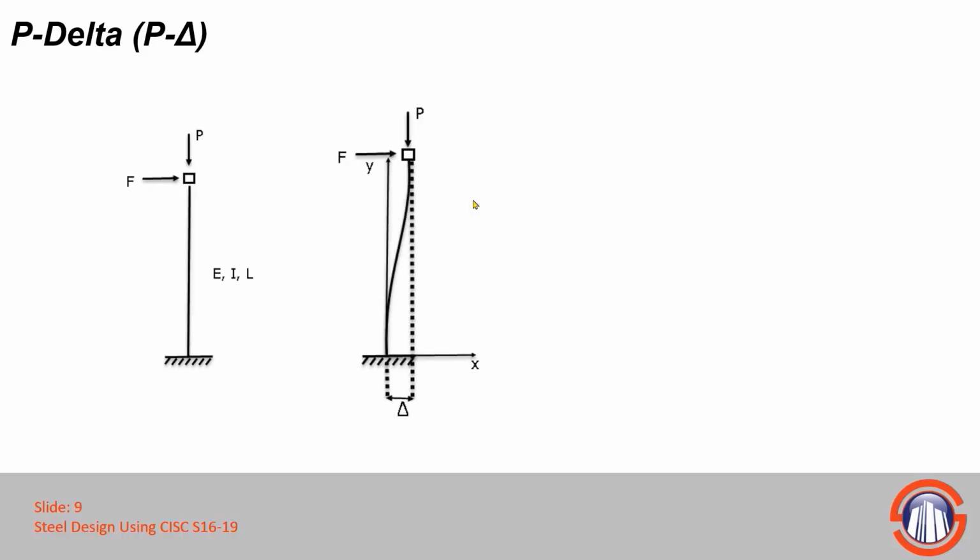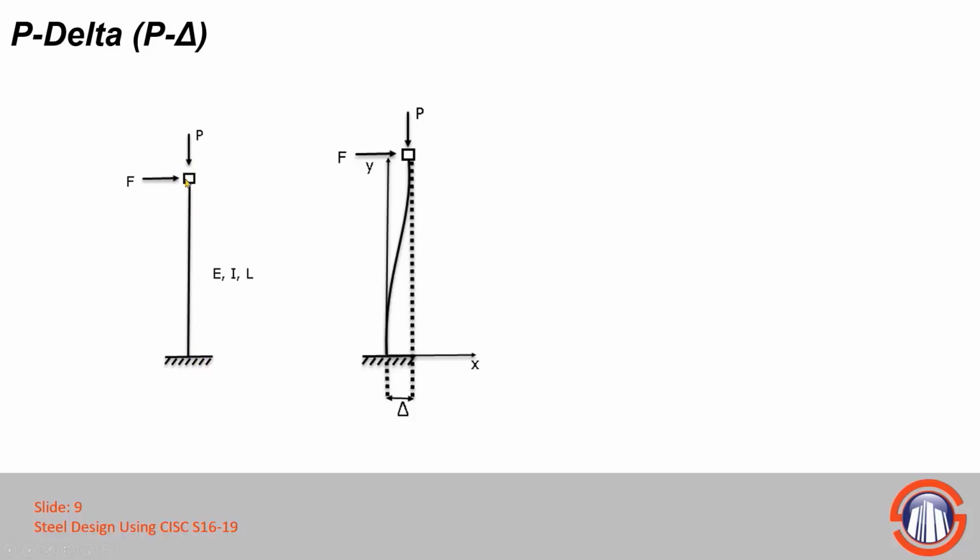So again, here's another illustration of the big p-delta effect, as we call it. I've actually reversed some of the letters I'm using in these descriptions. Just imagine we have a column that's fixed at the base.